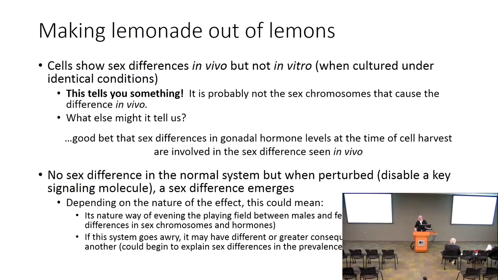But another possibility that I find more interesting is this idea that when you disable a key signaling molecule and a sex difference emerges, it can begin to help us understand sex differences in the prevalence of certain diseases.